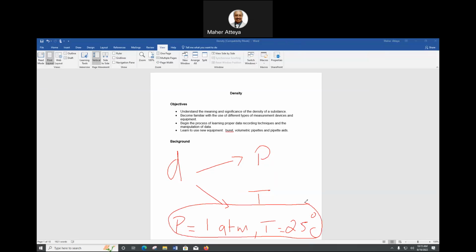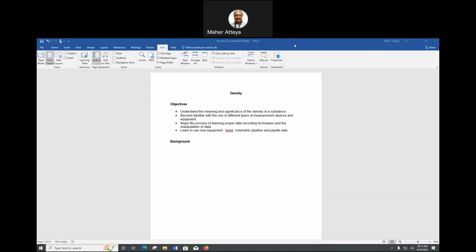What else do we have to know about density? Let's look at the density units. For solids, gram per centimeter cubed.